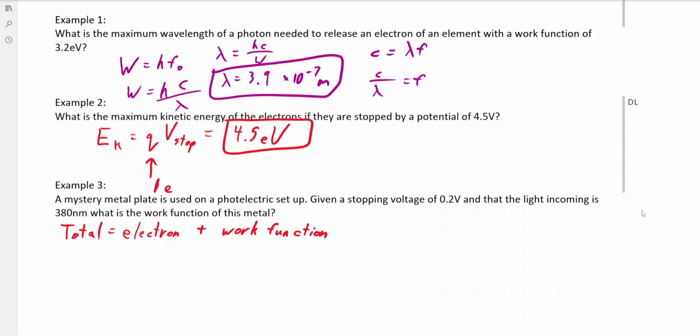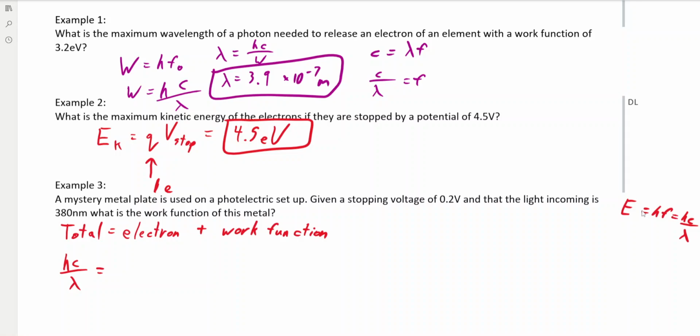So the total energy is given by the regular hf or hc over lambda. So the normal formula, which is E equals hf or hc over lambda. So that's the normal calculation of the energy of a photon.